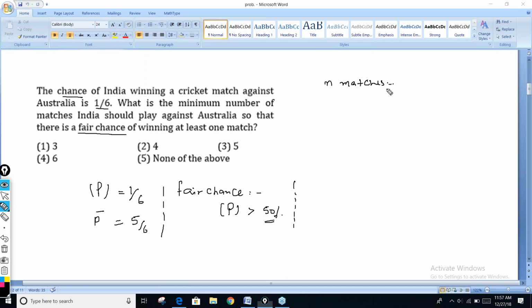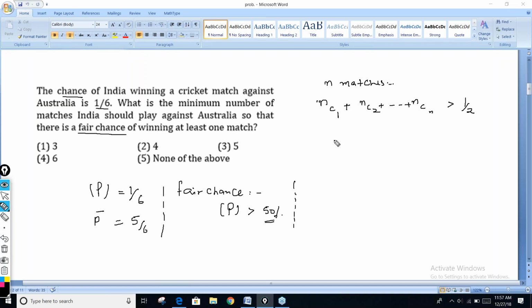If India played n matches, the question says there is a fair chance that India will win at least one match. So out of n matches, at least one match, or at least two matches, or n matches out of n matches, the complete probability should be more than half. That is the question actually.